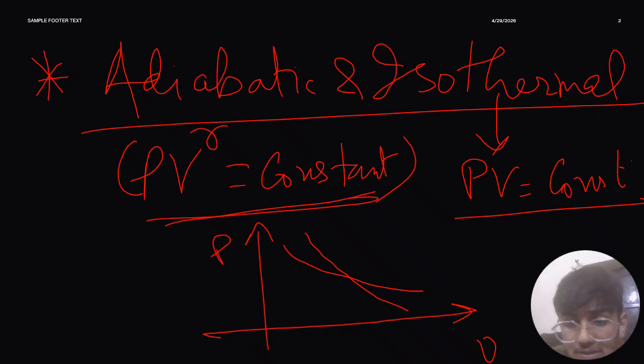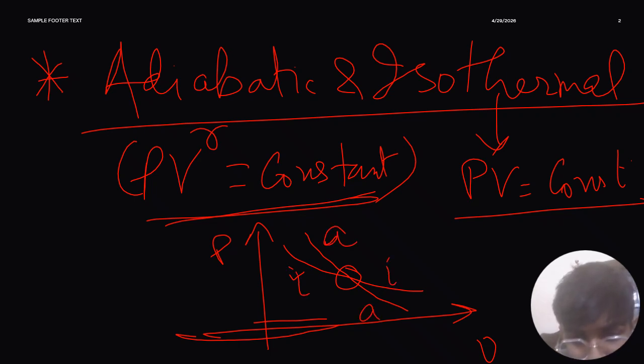Now, at the point of intersection, the graph which is above, as seen from the volume axis, will be adiabatic, and this one will be isothermal.